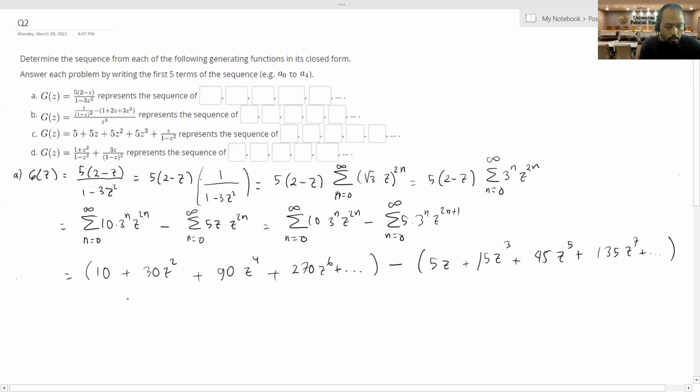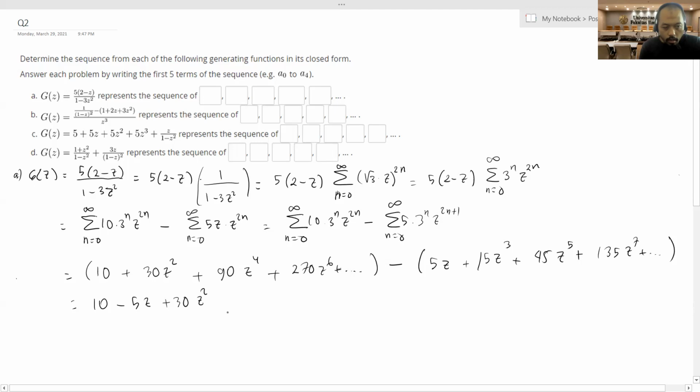Now from here it is easy to see that if you sum them together, you could actually get this form: 10 minus 5z plus 30z squared, because you have even powered z, so z to the power of n, where n is even on the left, and on the right you have z to the power of n, where n is odd.